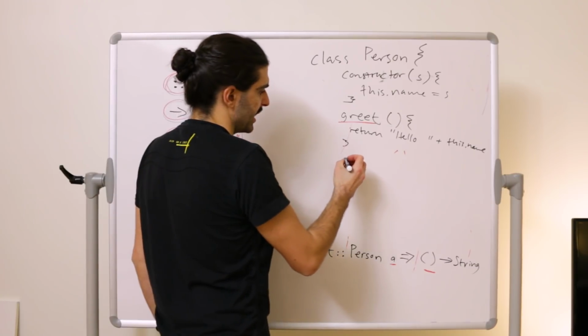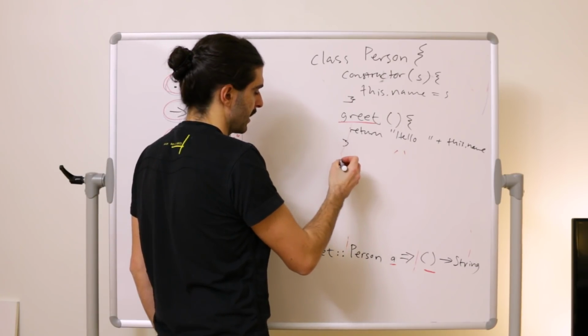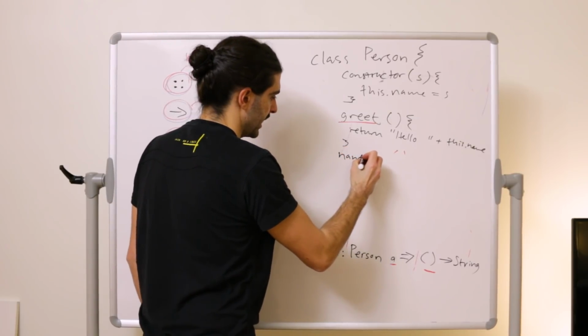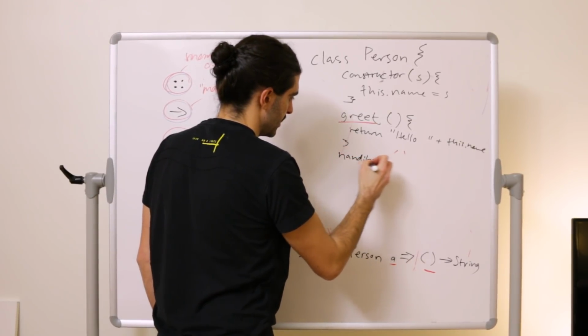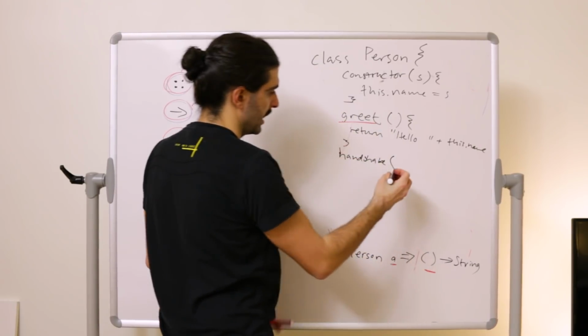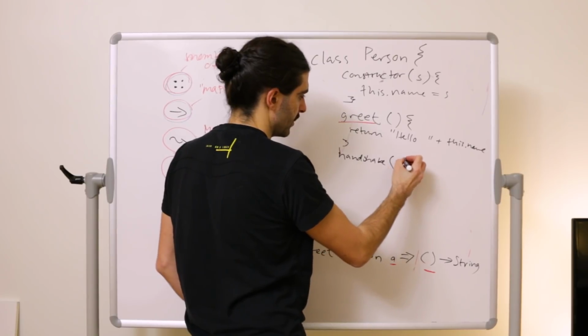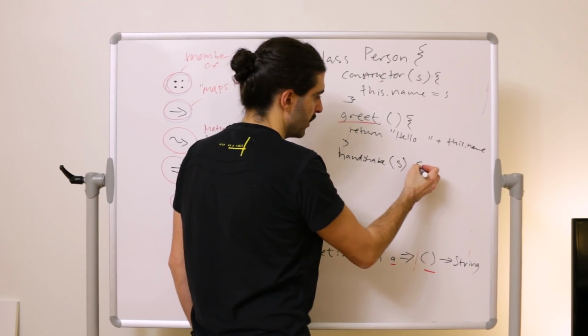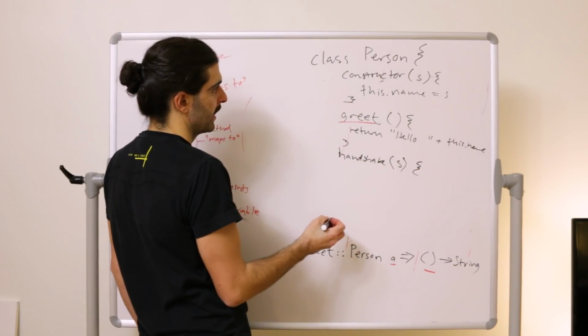So let's say handshake or whatever. When we call the instance method handshake, we pass a string, which is this other person, right?